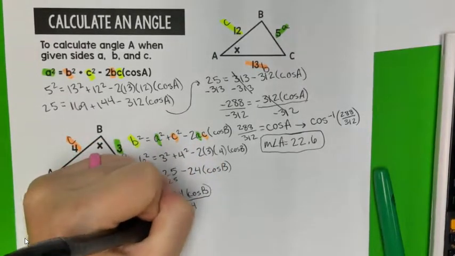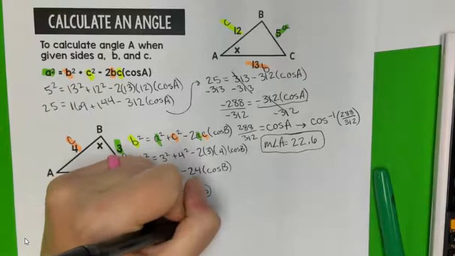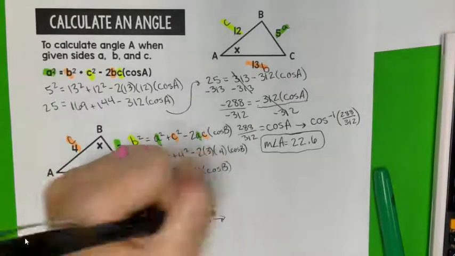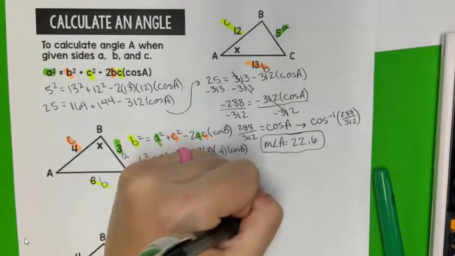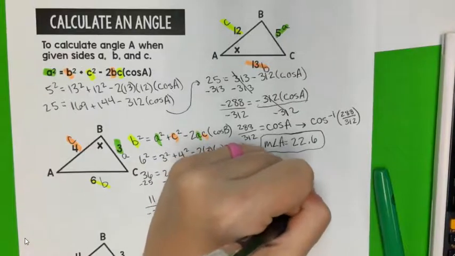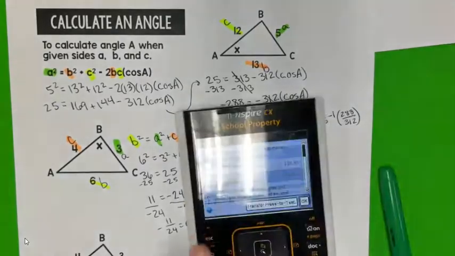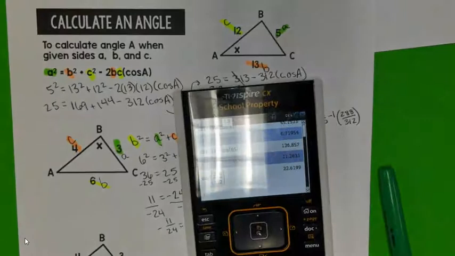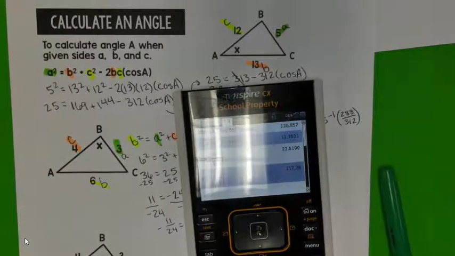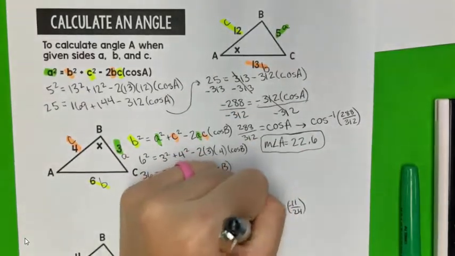So negative 11 over 24 equals cosine B. What we have to do is the measure of angle B is equal to cosine inverse of negative 11 over 24. Okay, let's go ahead and put that in. Of negative 11 over 24. And you end up with 117.3. This is an obtuse triangle.